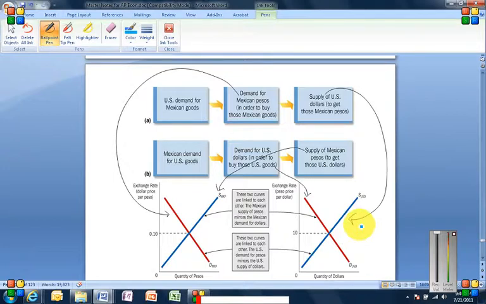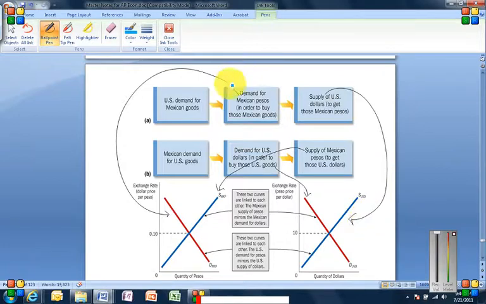Hopefully this will make sense for you once I redo these diagrams, but for now I've got arrows that I've drawn to show you how one demand curve in one market is kind of tied on a string to a supply curve in the other market.